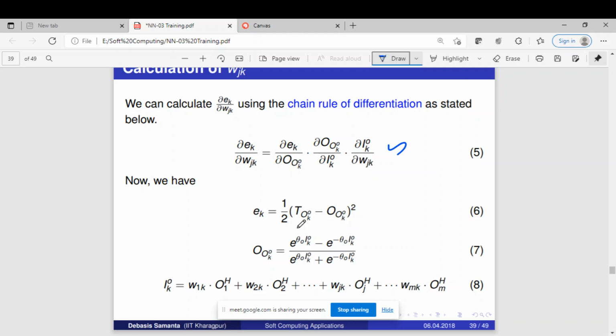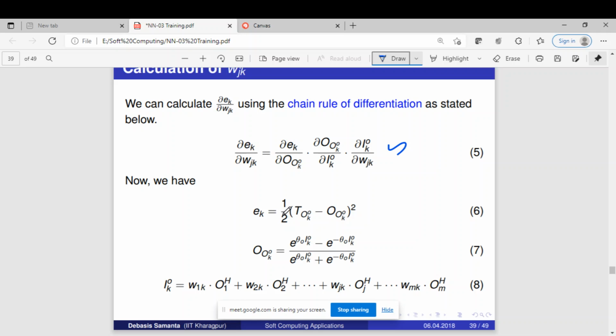So E_k is the target output of the kth neuron of the output layer minus the observed output of the kth neuron of the output layer, squared. We are also adding a half, 1 by 2. That's fine, you can do all these manipulations. That's not an issue. It's not that strictly you have to take the squared error. So apart from squared error, they are also doing this.